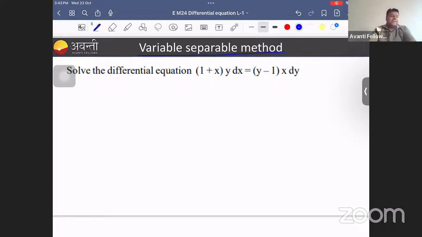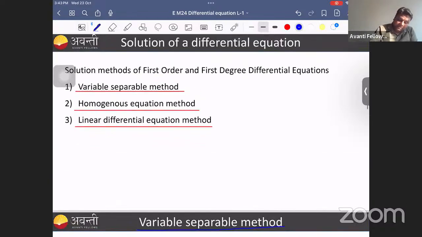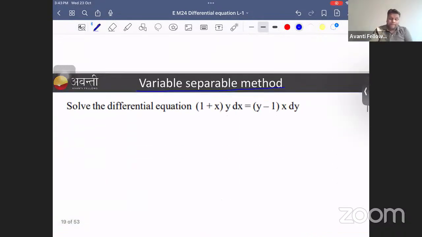Accumulate everything related to x to one side and everything related to y, even dy, to the other side. Like in variable separable method you have dy by dx as some function fx upon some function fy. So put everything related to y to its side. So it is fy dy is equal to fx dx and then integrate it. Am I clear? Here dx is there, so keep everything related to x to the left side.